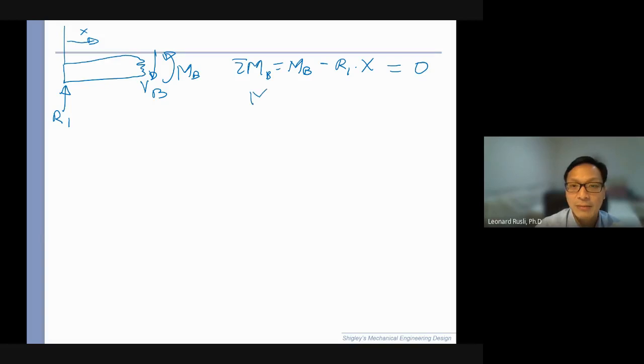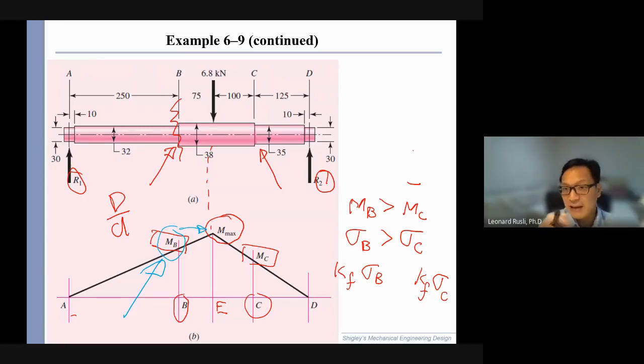So MB is equal to R1 X. Again, I'm skipping some of these calculations, right?